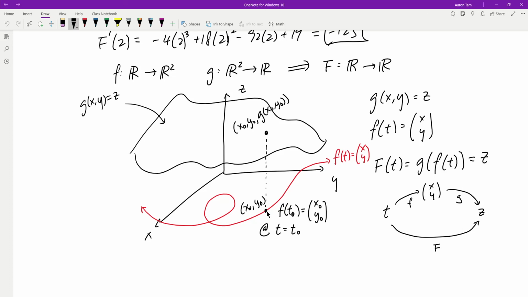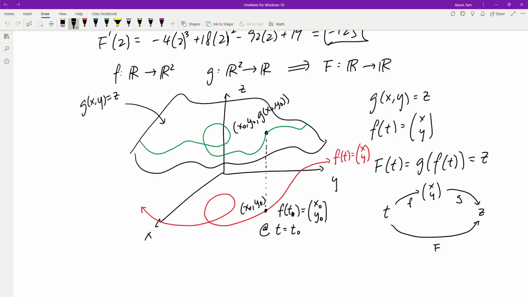But while it's moving, it must stay on the surface of g, because it has a specific z value defined by g. So it would trace out some kind of curve that mirrors what's on the bottom, but with different heights.